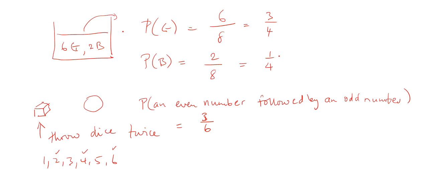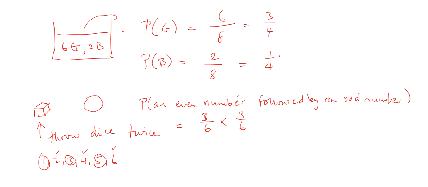So now you want to get an even number followed by an odd number. So therefore you have to get an even number, and in probability, whenever you have to use the word and, we're going to treat it as a multiply. If we say or something, we're going to add the probabilities. So if we want to get an odd number, it will be 3 over 6 again, because the odd numbers are 1, 3, and 5.